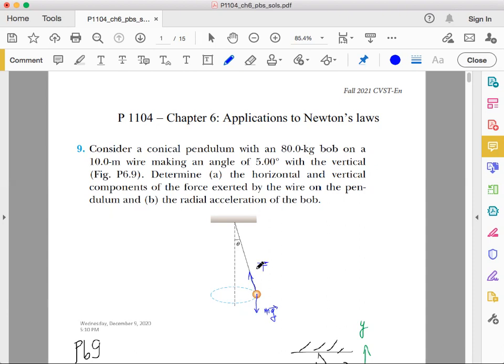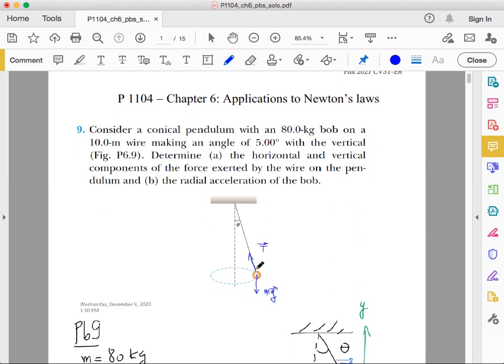Those are the two forces exerted on the bulb, and now all we can do is apply Newton's second law. However, before we go there, let's draw this vertical axis, which is parallel to that one. And you recognize that the angle between the tension T and this vertical axis is theta.